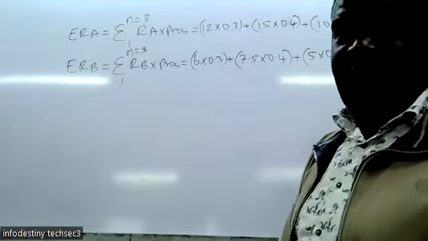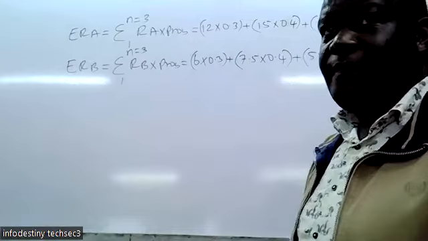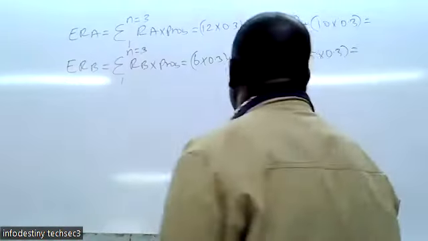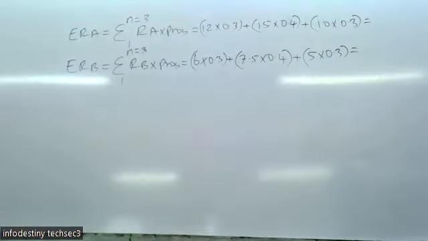Because all of them are 15 and below, when you multiply by the probability, the result must be less.